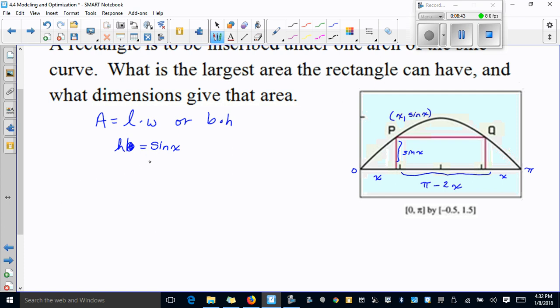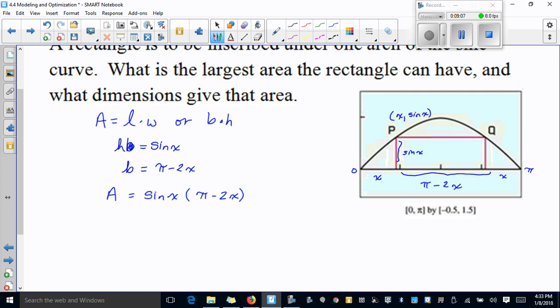My height is equal to sine of x, and the base is equal to pi minus 2x. And area is equal to base times height, or length times width, so it's going to be sine of x times pi minus 2x.